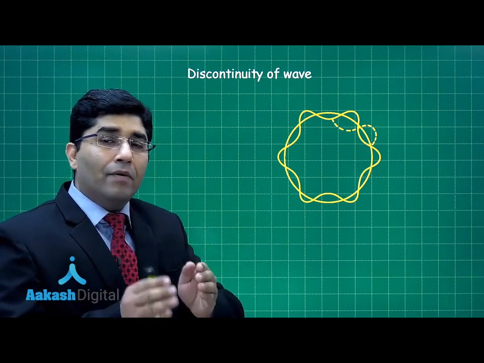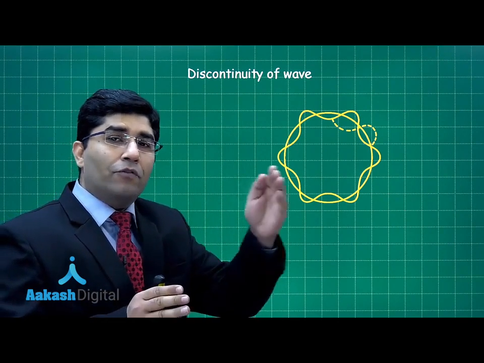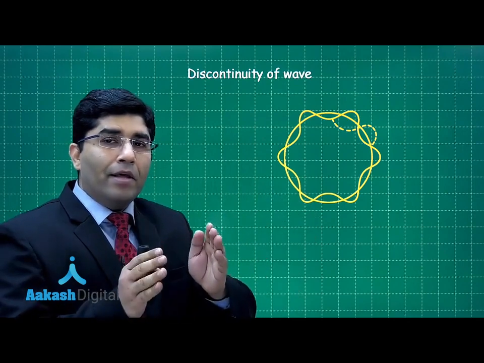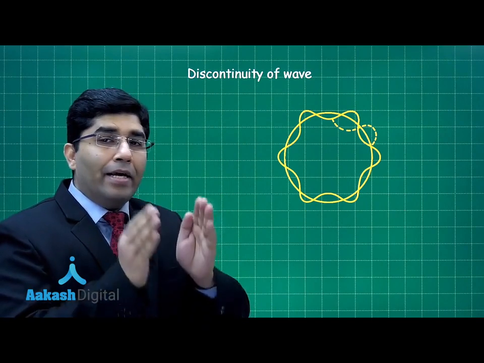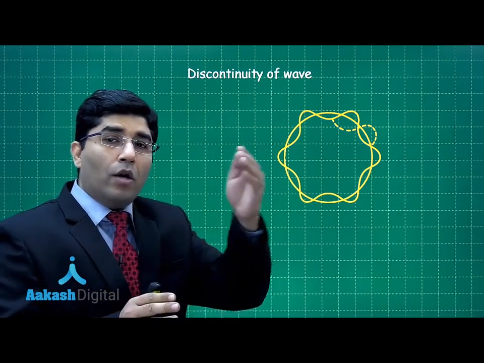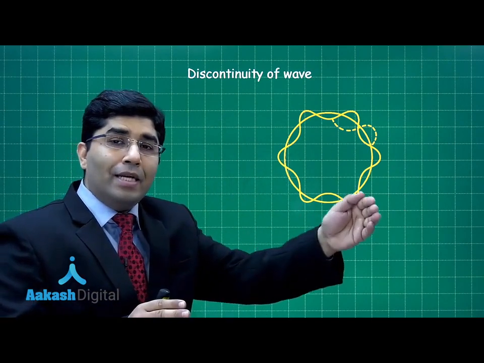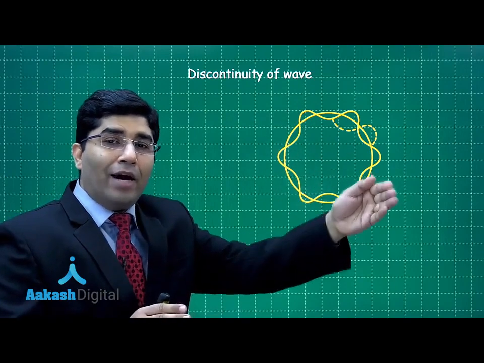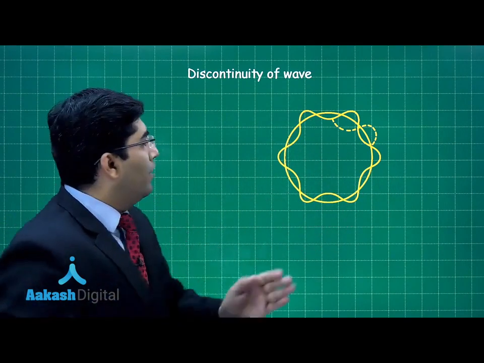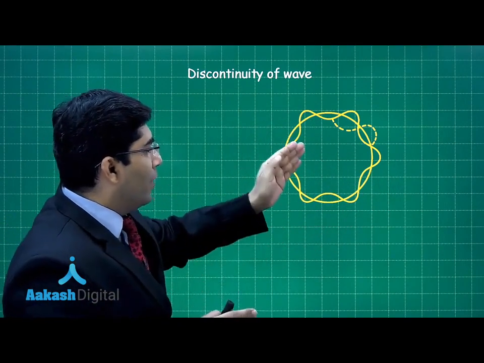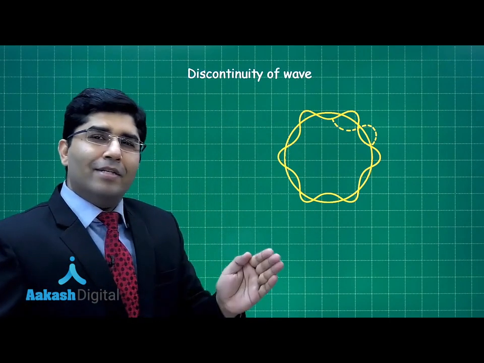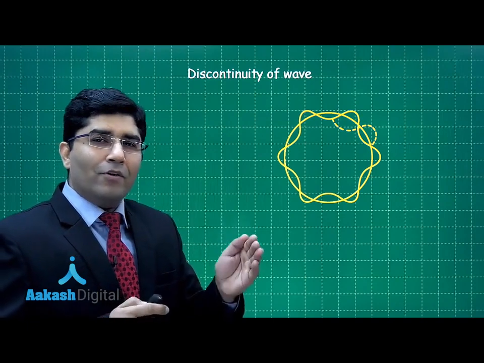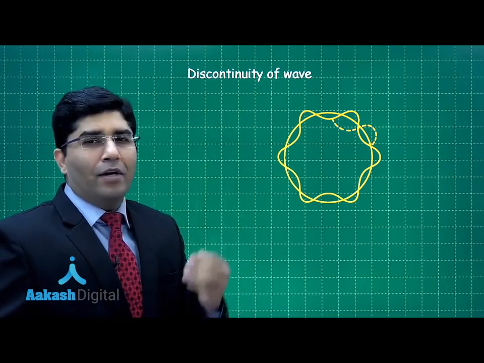It means these are fixed values of the radius, and if we try to make the radius something in between 4r, 9r, 16r or 25r, then definitely the wave will become discontinuous, which is not possible, right?